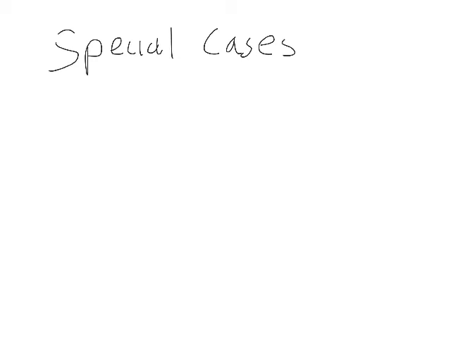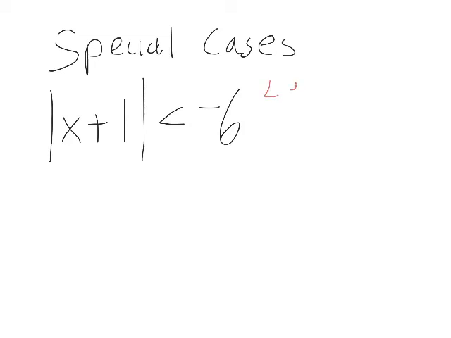So let's just take a look at what might happen for each one of those. If we have, and I'm just randomly coming up with something to put inside the absolute value bars, that part really doesn't matter, if we have that less than a negative number, we'll say -6, but it could be any negative number. Now, if absolute value can't be equal to a negative, could it be less than a negative?